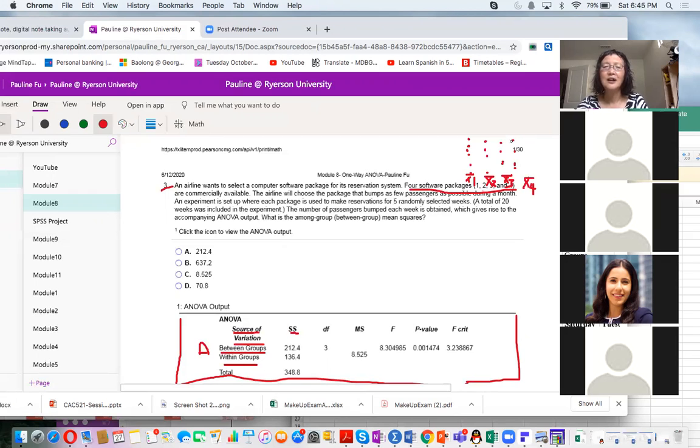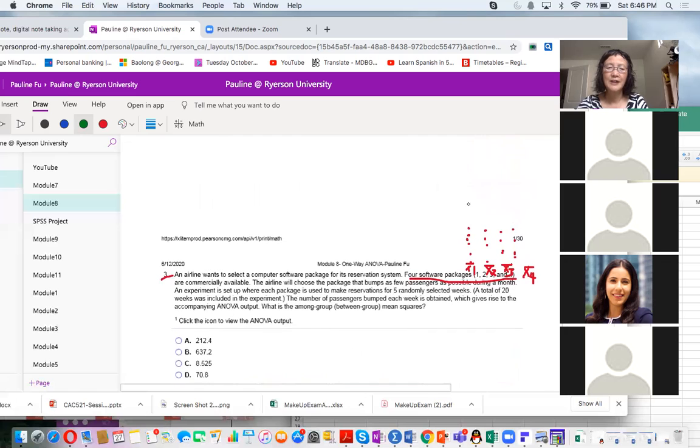Now, consider the whole data as an entity. Can you calculate the overall average for the whole data here? Okay, so we call that average X double bar, meaning total average for all data. Is that clear?